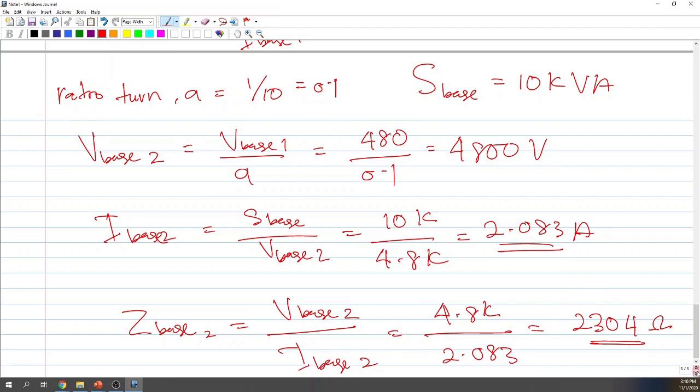And then the last part, at the second transformer. The ratio turn is a step down, so 20 divided by 1, equal to 20.